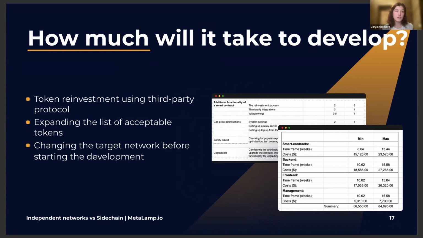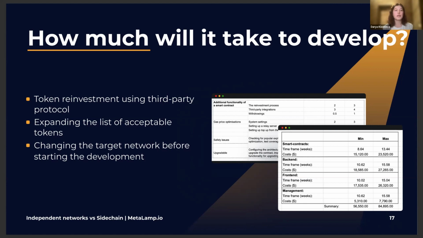The client suggested connecting the AAVE protocol. If we were already in development, we would have had to change something, because this protocol doesn't work in Binance Smart Chain. But since we were still at the planning stage of the future project, we could take a step back and make a new network selection.